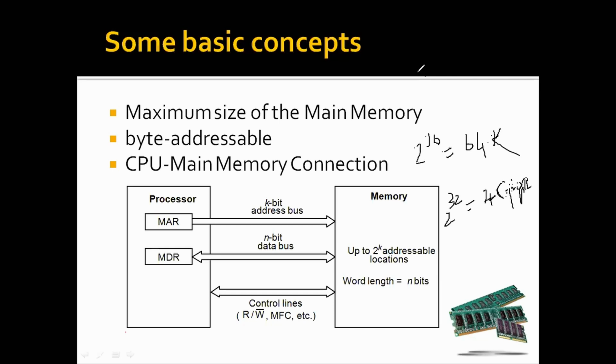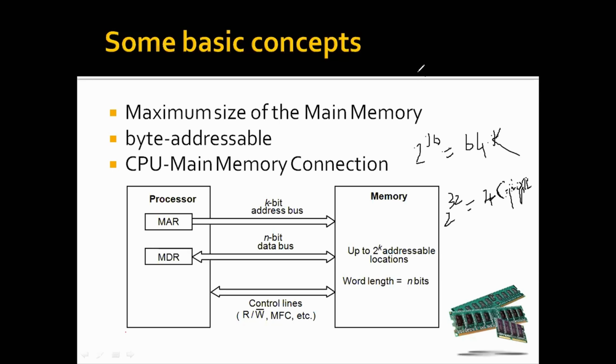So this is how you'll be having the control lines. Then next, MFC is nothing but memory function complete. We have two things to know: memory function complete and also wait for memory function complete. These both are going to be very common.